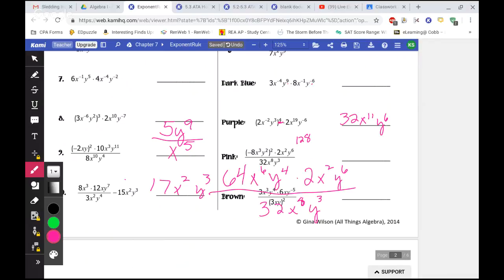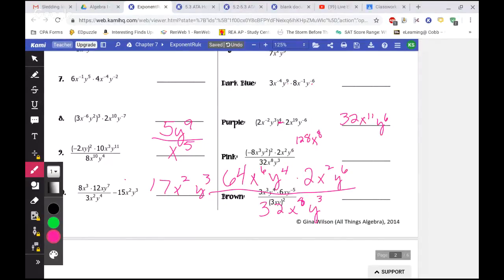And then we've got x to the 6th and x squared. So we add the exponents. Like bases being multiplied, you add the exponents. That's the product property. So 6 plus 2 is 8.